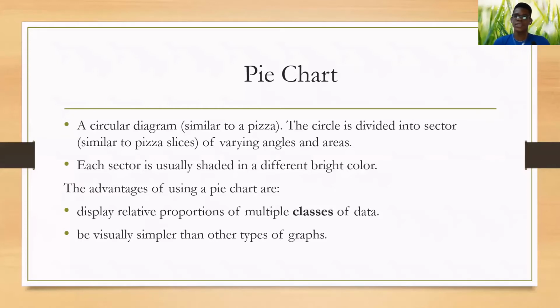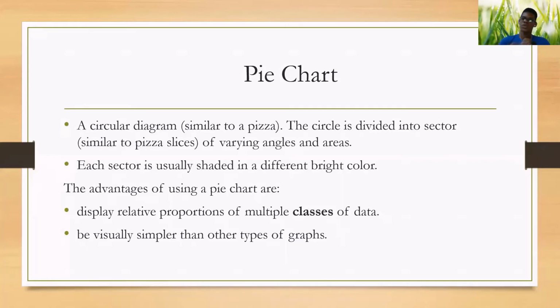all of us have seen a pie chart before, and more or less constructed one. It's a circular diagram, or you can think of it as a pizza. The best explanation of a pie chart is to think of it as a pizza. So the circle is divided, or the pizza is divided, into sectors, or what we call pizza slices.